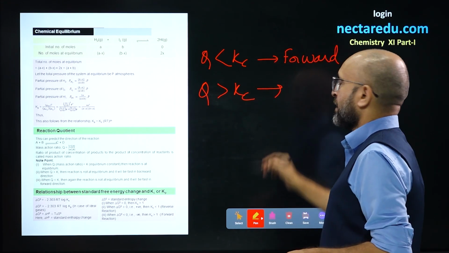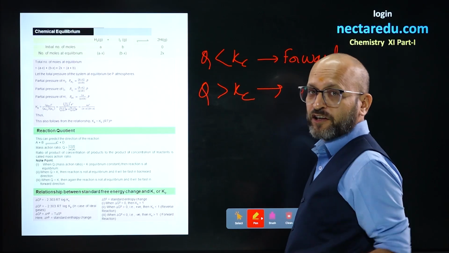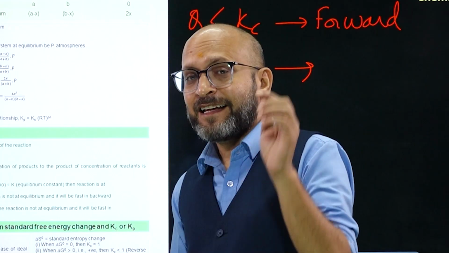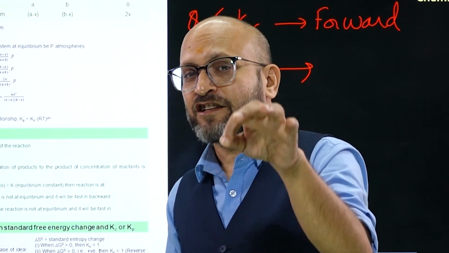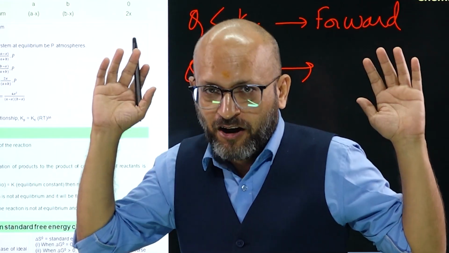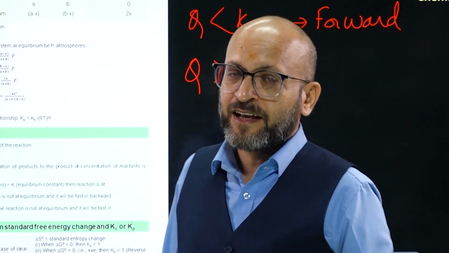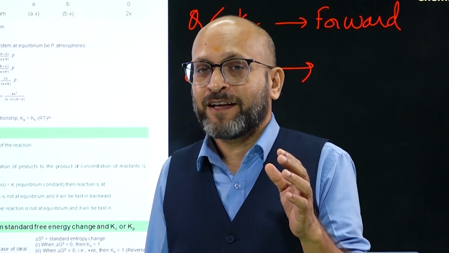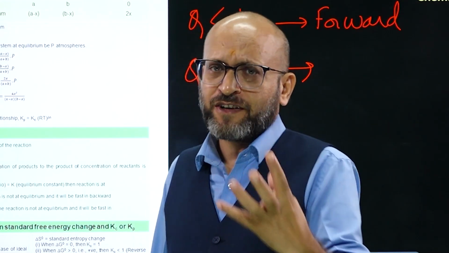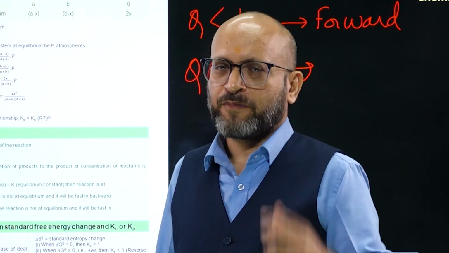So that means reaction has moved ahead of equilibrium. The sole purpose of equilibrium is that each reaction wants to be at equilibrium. Equilibrium is the condition of comfort. So every reaction which is reversible wants to reach equilibrium. If you disturb the equilibrium, it will again do whatever needed to come back to equilibrium condition.